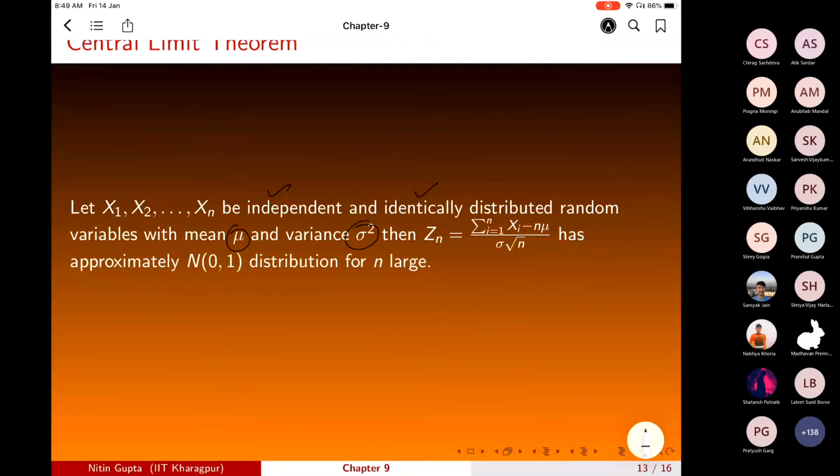That means Xn bar, which is Sn by n, where Sn is summation Xi. Then we are saying that this is (Sn minus n mu) upon sigma root n, which can be written as (Xn bar minus mu) divided by sigma by root n.